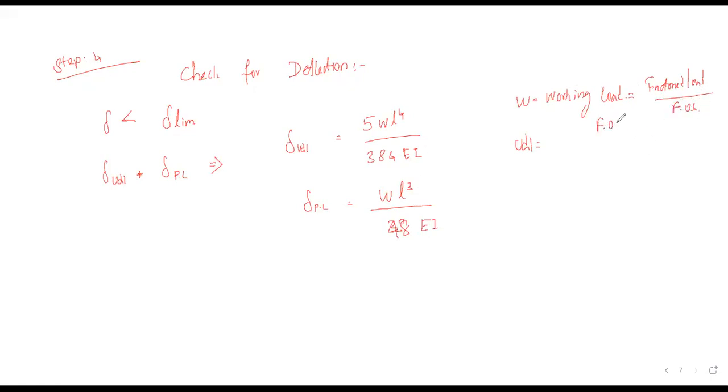I am going to take the factor of safety value as 1.5. So for the UDL, 60 divided by 1.5 is equal to 40 kilonewton per meter. Similarly, for the point load, it is 40 divided by 1.5, so it becomes 26.67 kilonewton.